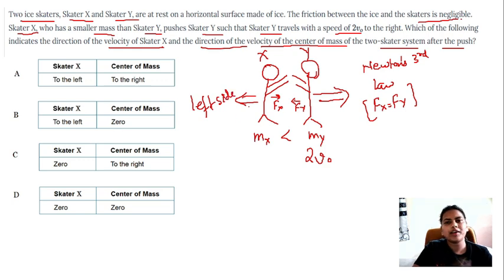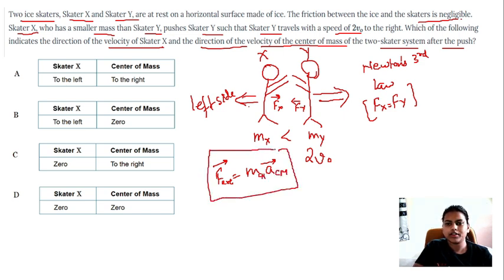And now talking about the center of mass. We know that force is equal to mass times acceleration. I can apply this for center of mass as well. So force is the external force, and mass is the total mass with the acceleration of the center of mass. Now I am considering only these two as my system.